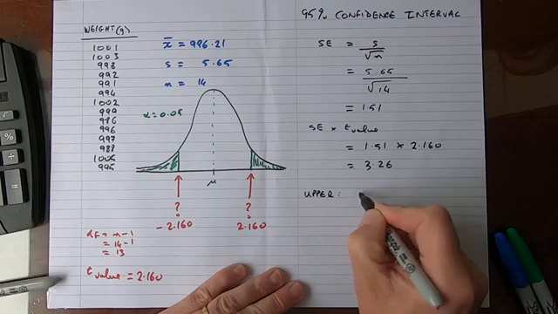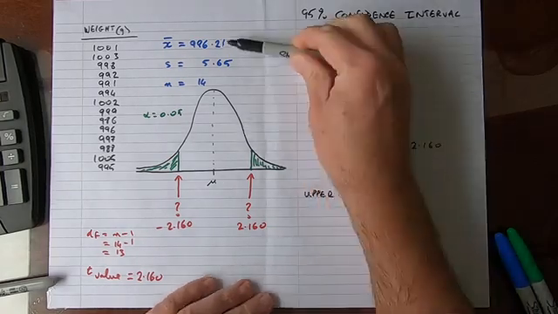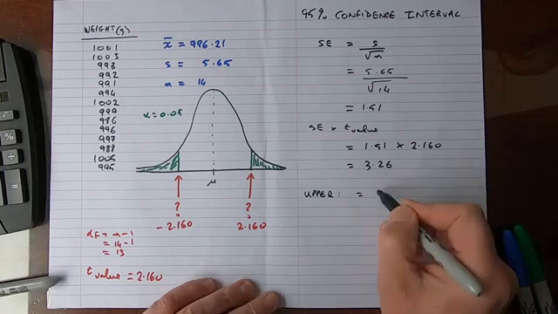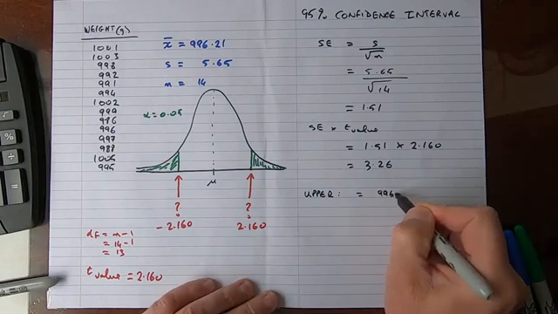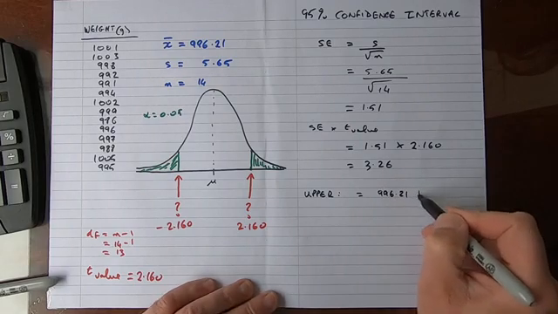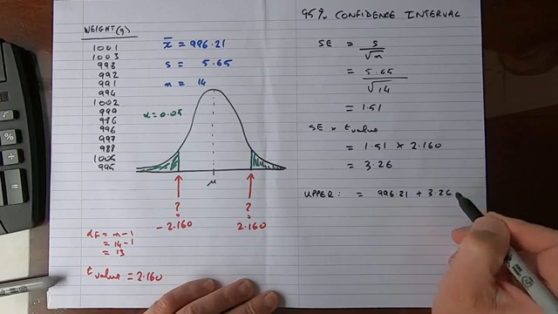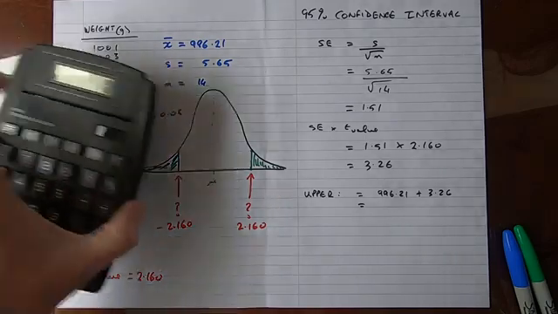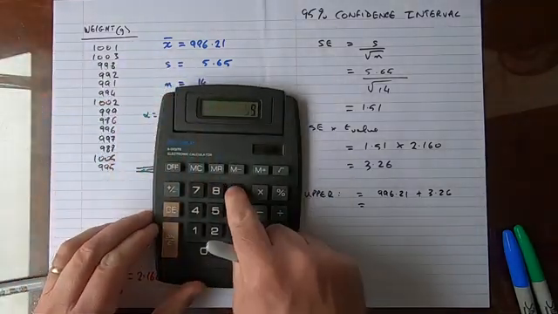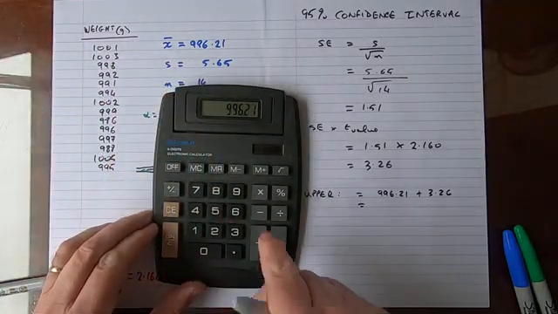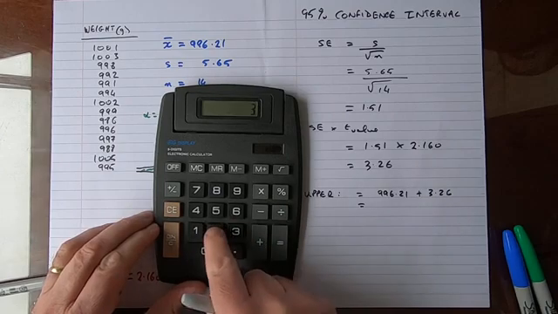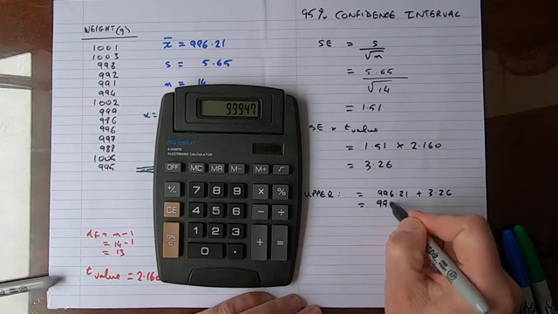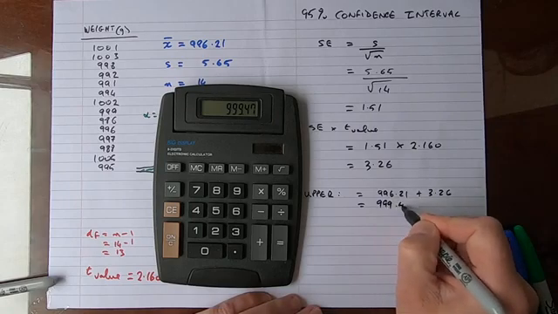And that's going to be equal to my mean, 996.21, plus this value that I've just worked out here. So that's going to be 996.21 plus 3.26. And that's going to be equal to, let me work that out on my calculator, 996.21 plus 3.26 is equal to 999.47.